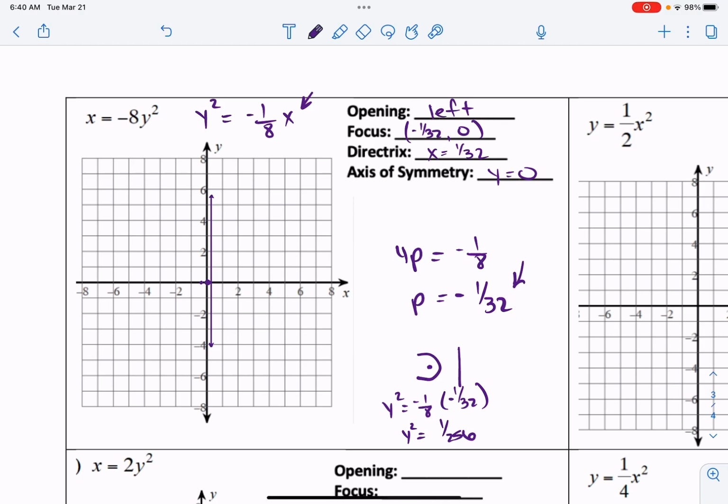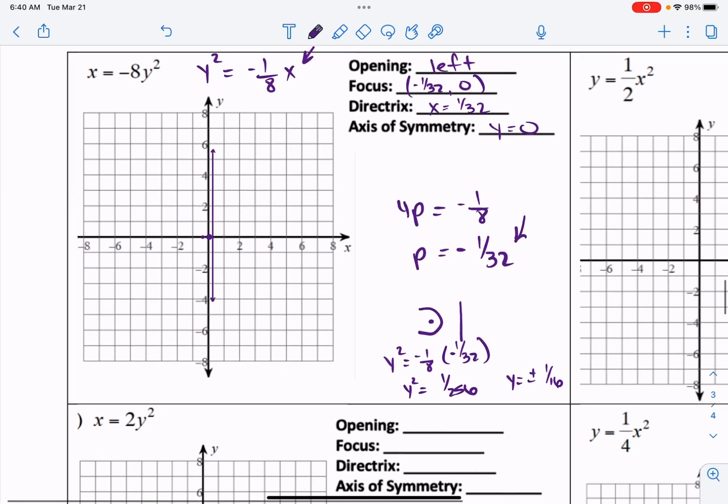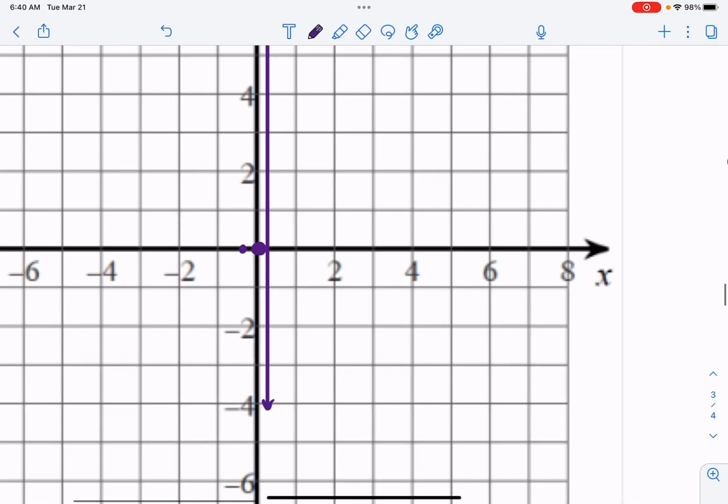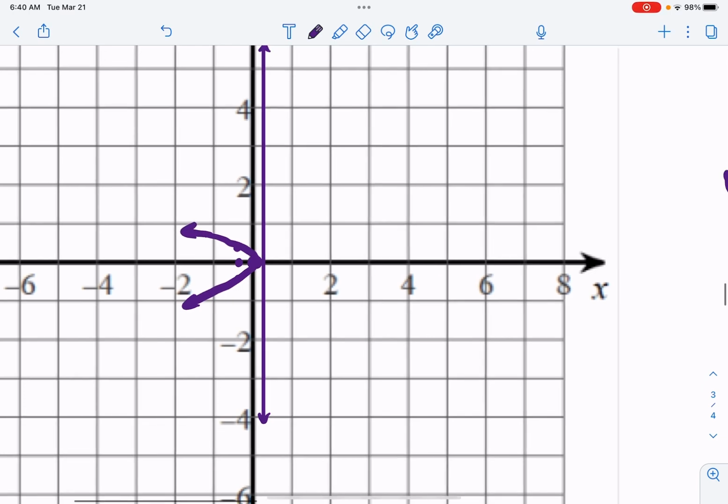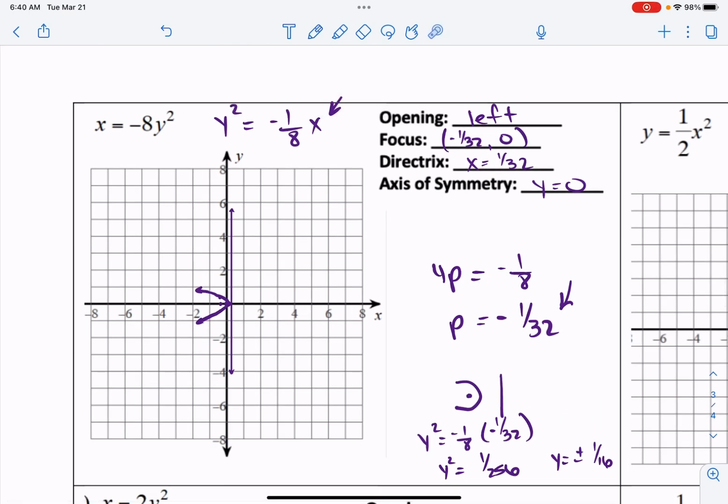And then I'm going to take the square root of that, and we get y is equal to plus or minus 1/16. And when I divide 1/16, it's very close to 0 again. So it's going to be 0.06, so right about here, these are the points. And notice how it does open to the left, like we stated.